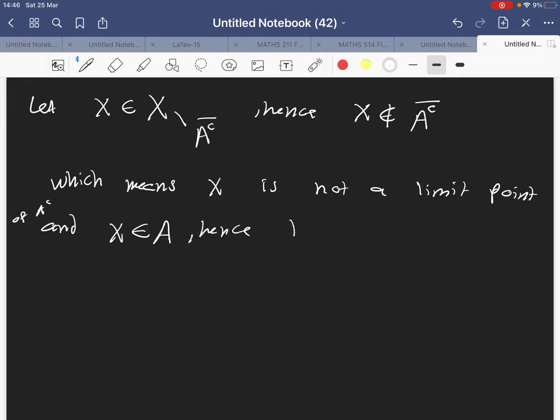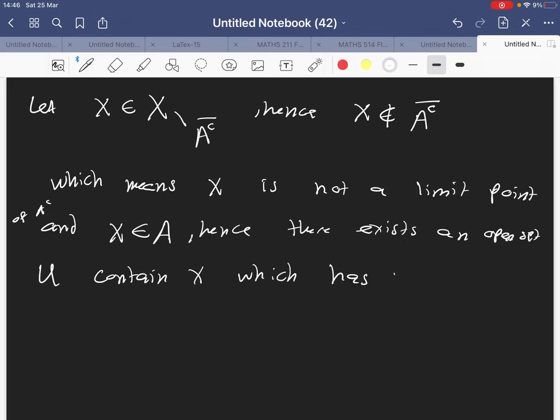Hence, we must find an open set U that contains X, which does not contain anything from the complement.